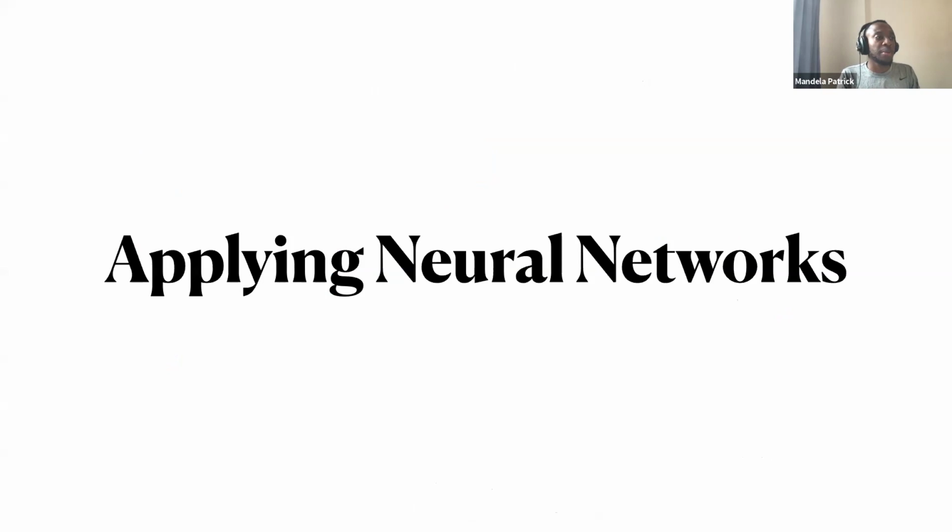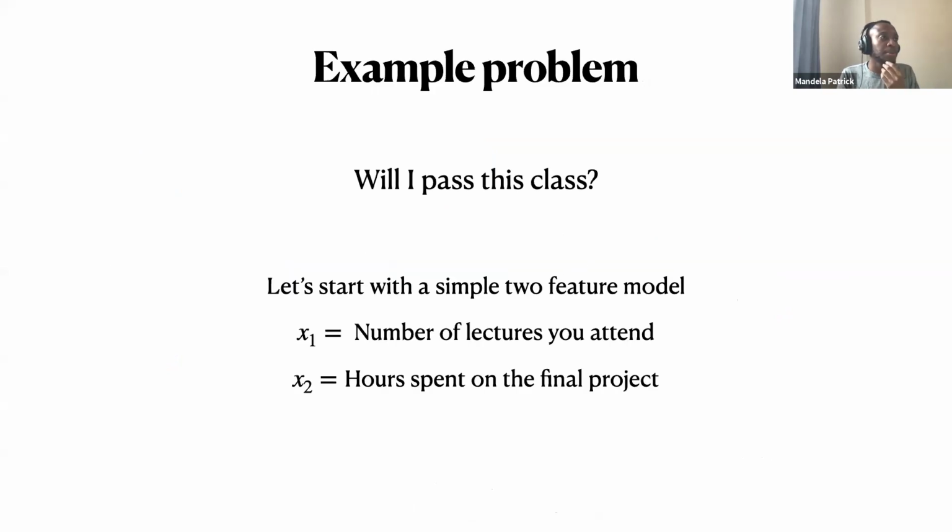So let's try applying these on a basic toy example. Will I pass this class? So you have some input, and as we said, the input is in some feature space: X1 represents the number of lectures you attend, and X2 represents the hours you spent on the final project. So basically the task is, given this input, what is the probability I pass this class?